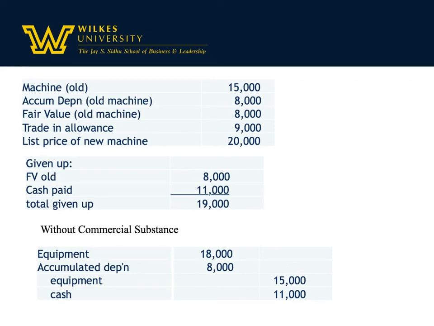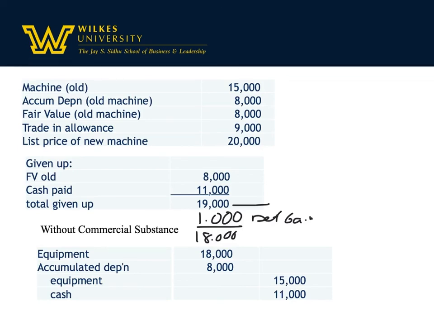Now, without commercial substance, all we have done is taken the total given up of $19,000, subtracted the $1,000 deferred gain, and you're left with, you really only gave up $18,000. So our journal entry is only for $18,000.